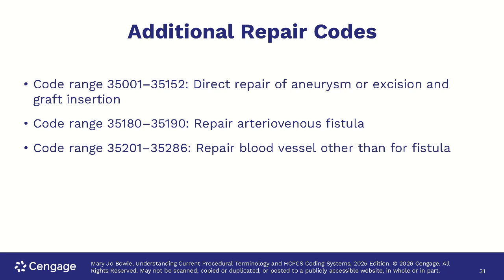Additional repair codes that we have over here: direct repair of an aneurysm or excision, partial or total, and graft for insertion of an aneurysm. So these codes are divided based upon if it's a direct repair, if they're repairing a fistula, or they're repairing a blood vessel other than a fistula.